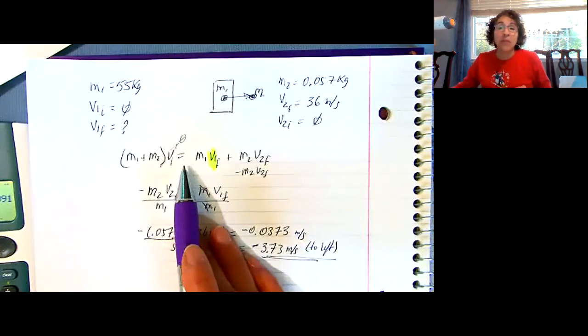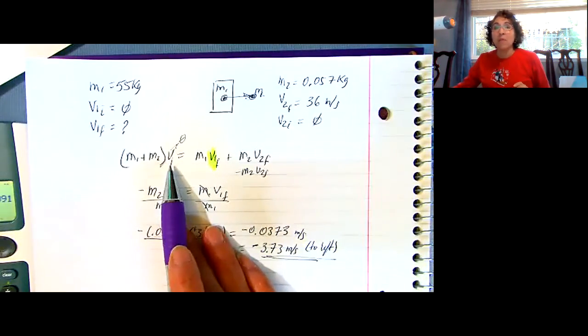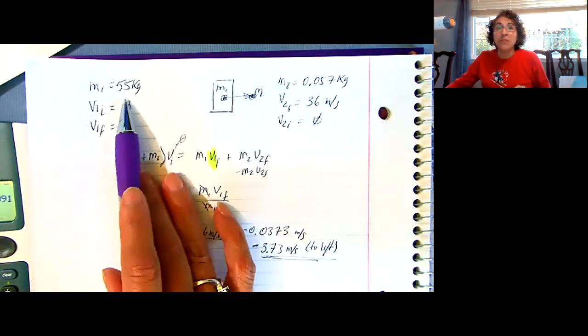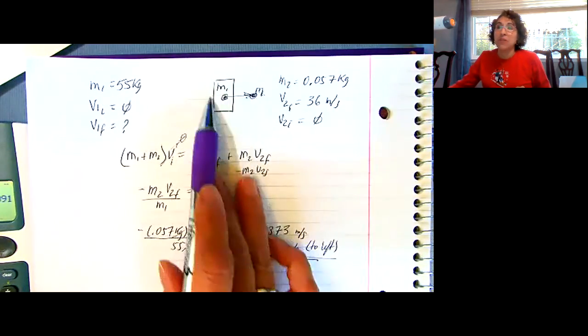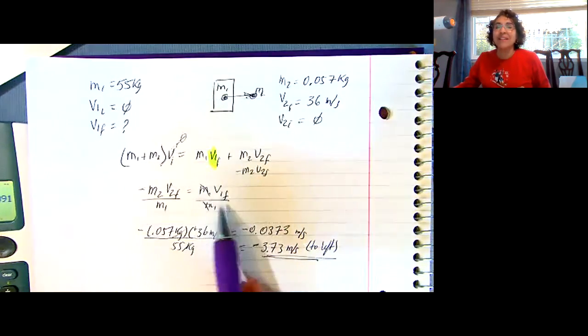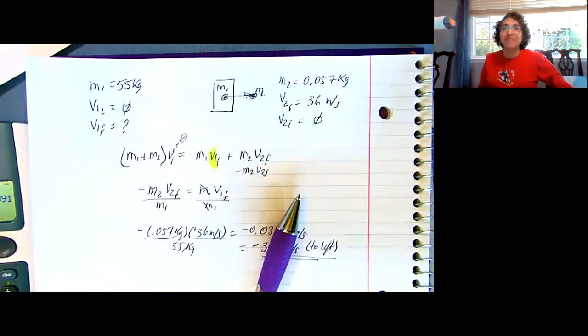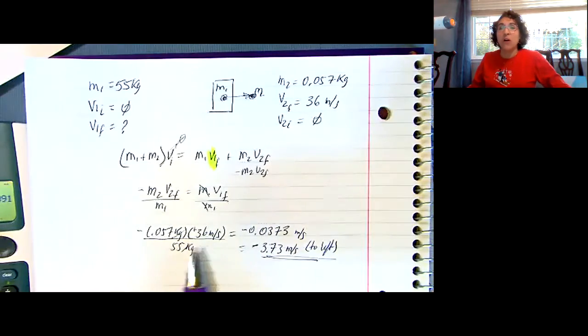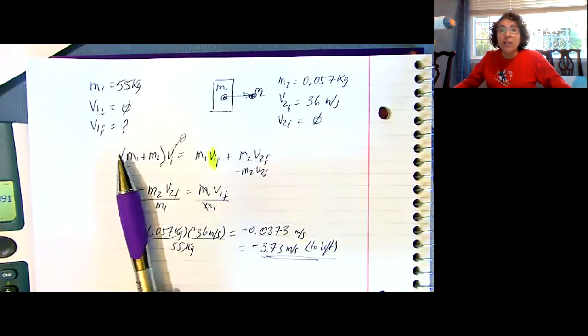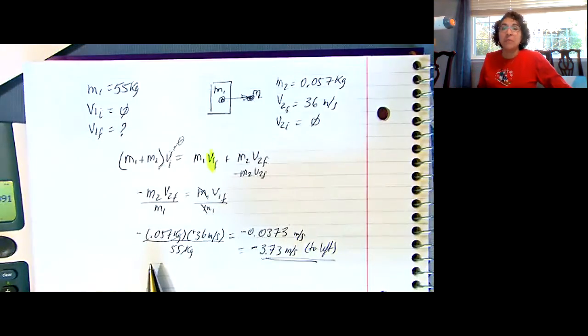But it can be the other way as well. I'm going to assume that 55 kilograms included everything, including the balls in there. And that's it. We just solved for the final velocity of that machine that spits out the tennis balls.